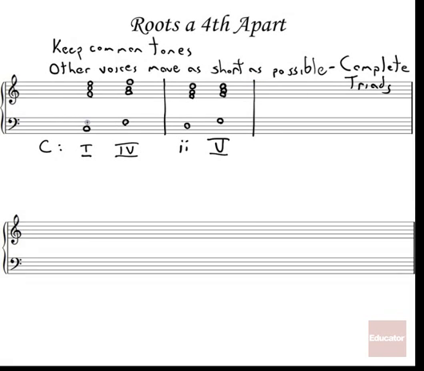As long as the roots of chords are a fourth or fifth apart, like we've seen here, there's always going to be one common tone. So one common tone here. And basically what I'm doing to find the rest of the notes is making sure that we have a root, the third and the fifth, and that the root is doubled.